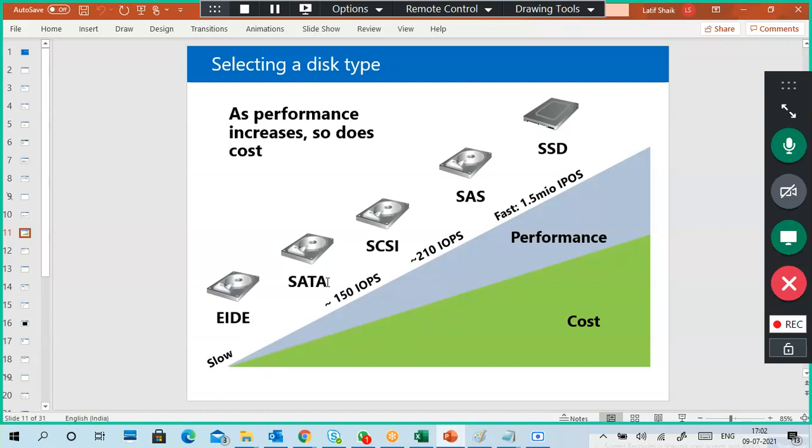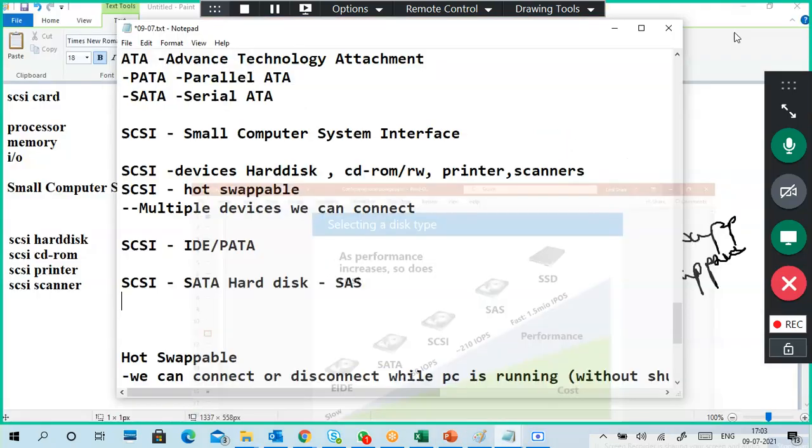A normal hard disk to a SCSI hard disk, SCSI is very costly. And RPM is also very high, so data transmission is also very high in the SCSI hard disk. And the next level is SAS, a SATA type of SCSI hard disk. It is also faster than a normal SCSI hard disk and a normal hard disk. Last one is the SSD disk.